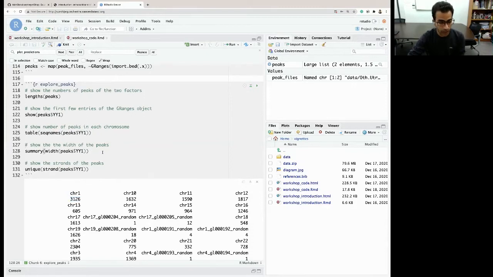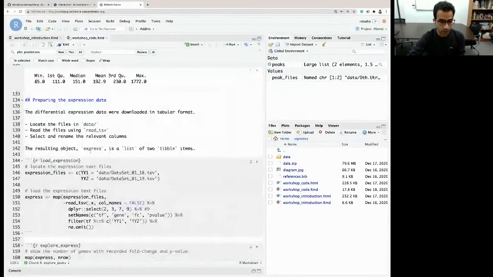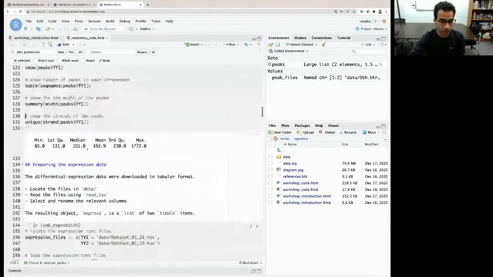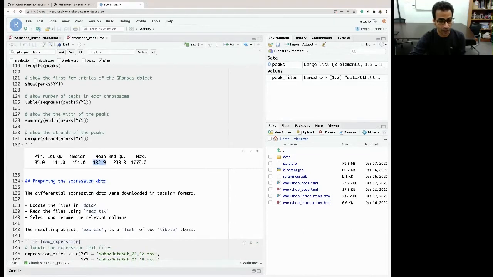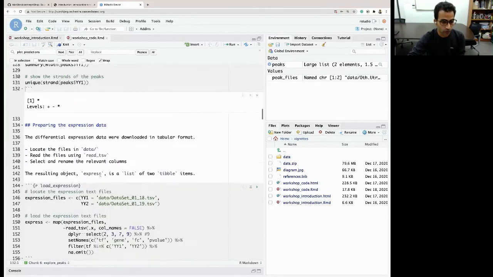We can do more calculations on the GRanges object by saying, for example, calculate the width of each peak, and then I'm using summary to give us a brief summary of these peaks. So we see here that the median width of the peaks is about 200 base pairs, and this is the distribution of them. And then we can also look at the strands. In this case, the strand information is not recorded for the peaks.